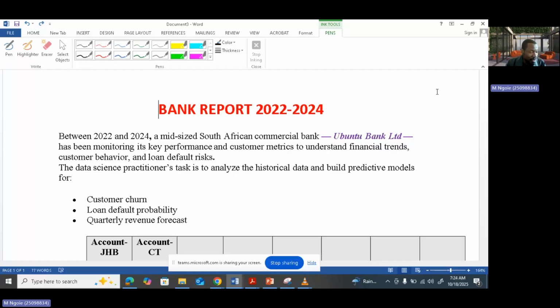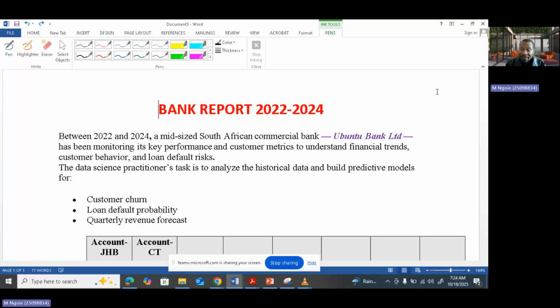They always say, whoever can control data can control the world, right? So what we are going to do, as data science practitioners, is to analyze whatever is given to us and build a predictive model.